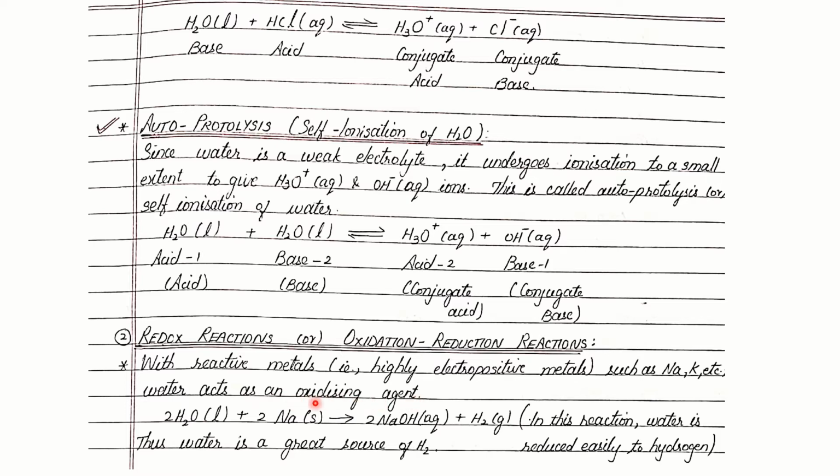Water reacts with sodium to give sodium hydroxide plus hydrogen. In this reaction, water is reduced easily to hydrogen. So here it acts as an oxidizing agent. So water is a great source of hydrogen.